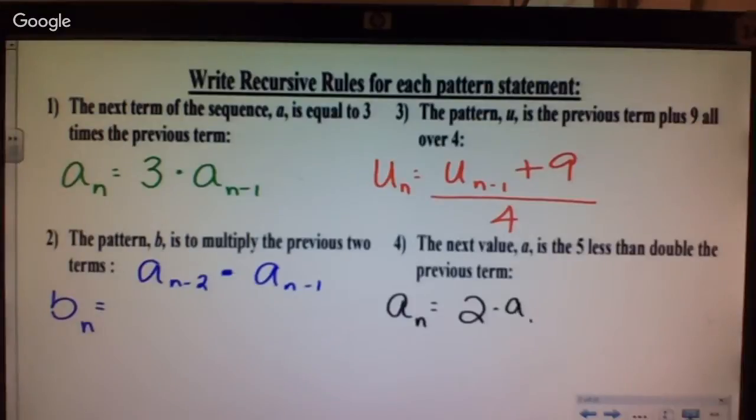So 2 times a sub n minus 1. There's double your previous term. Okay? How do I write 5 less than that? Minus 5. You wouldn't put 5 minus, that's 5 subtracting that. 5 less than means it's 5 lower.